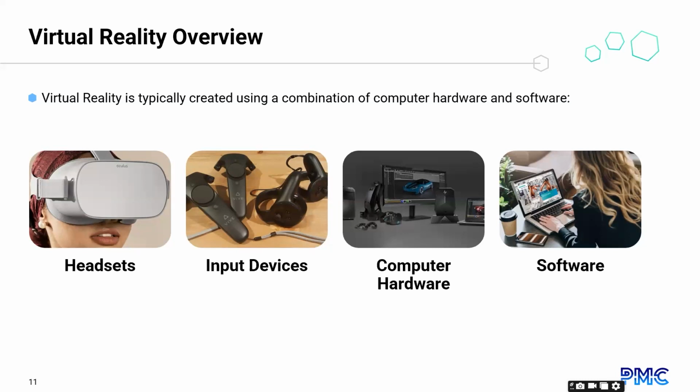Computer hardware, for example, because virtual reality typically requires powerful computing devices to render these complex graphics and simulations in real time. And finally, we have software. Virtual reality applications and experiences are created using specialized software. This can range from video games and simulations to educational programs and virtual tours, for example.